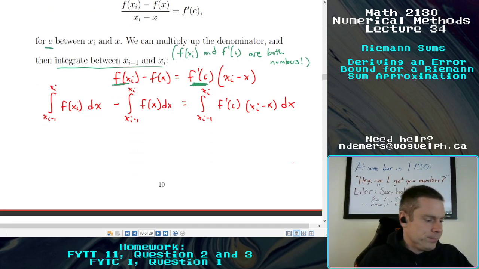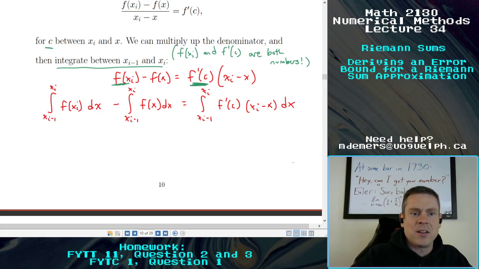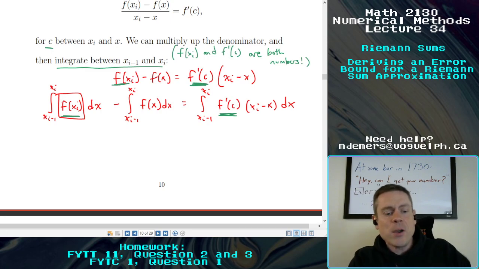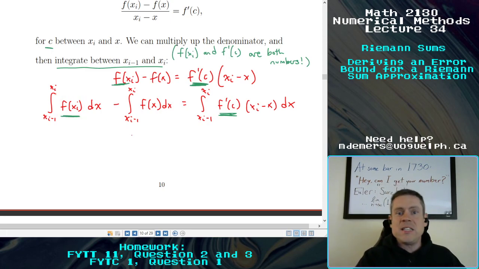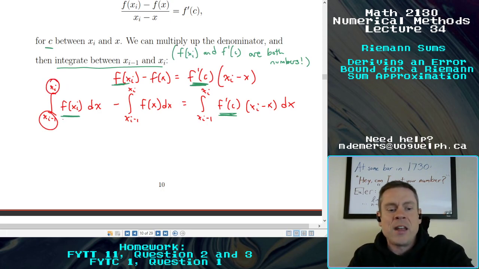Okay, what do I want to do with this here? I can actually evaluate some of these things. Because this is just a number, I can do stuff with these. So if this is just a number, this is like a 5, and if I integrate 5 dx, I would get 5x, and then I would evaluate between the endpoints of that interval, right?